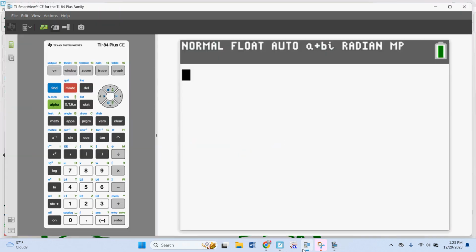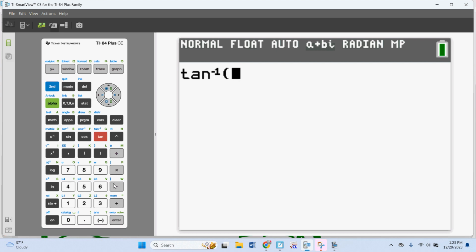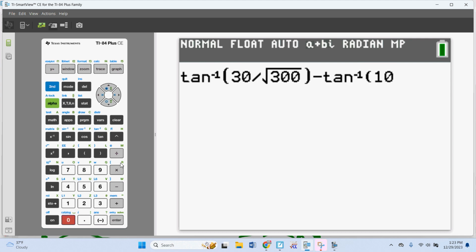And we could do that on a calculator and say inverse tangent of 30 divided by 17.32 minus inverse tangent of 30 divided by, let's do the square root, we'll even make it more accurate, square root of 300, minus inverse tangent of 10 divided by square root of 300.